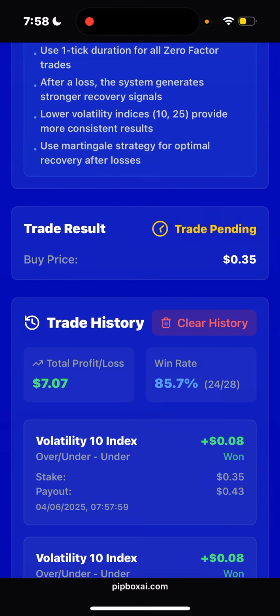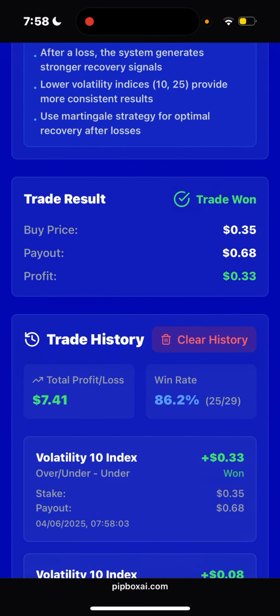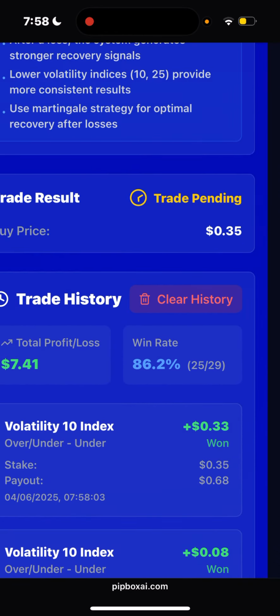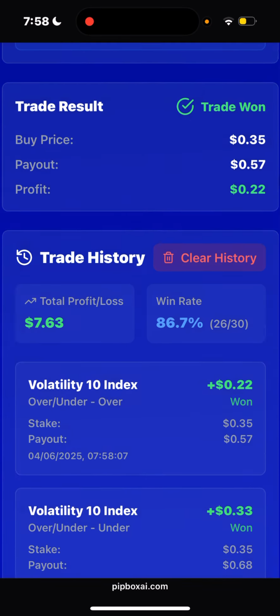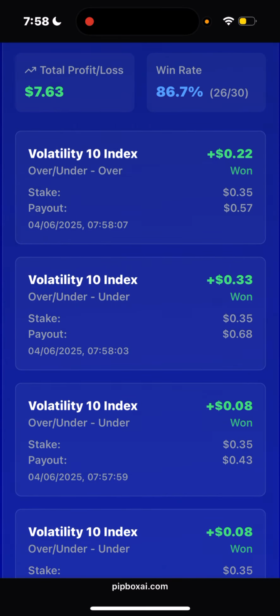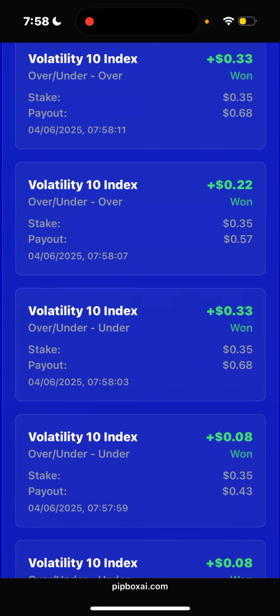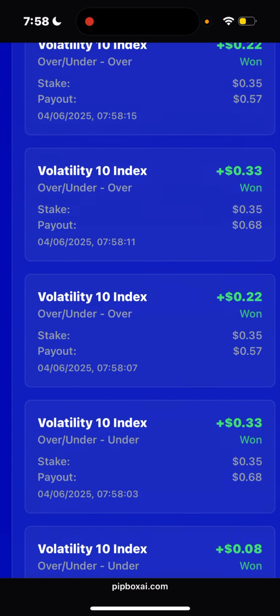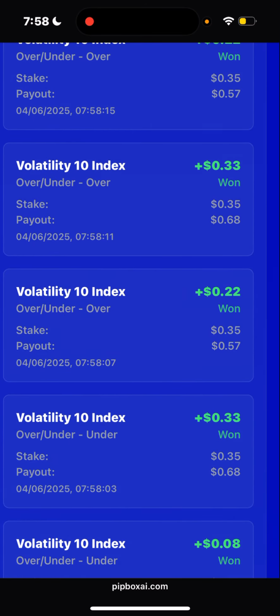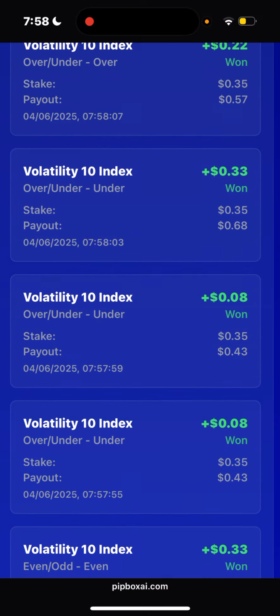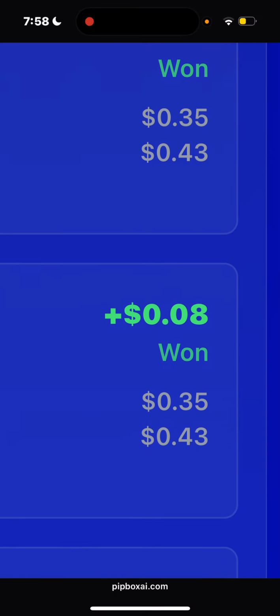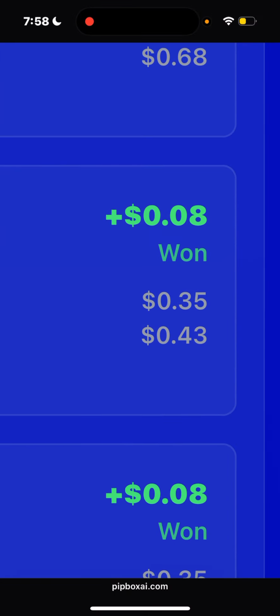By the end of the session, I just want to see the total win rate, the win rate percentage of this bot. One thing you guys who don't know about zero factor is that it trades on over and under, and it can have different predictions. For example, here we had 0.08 as our profit.